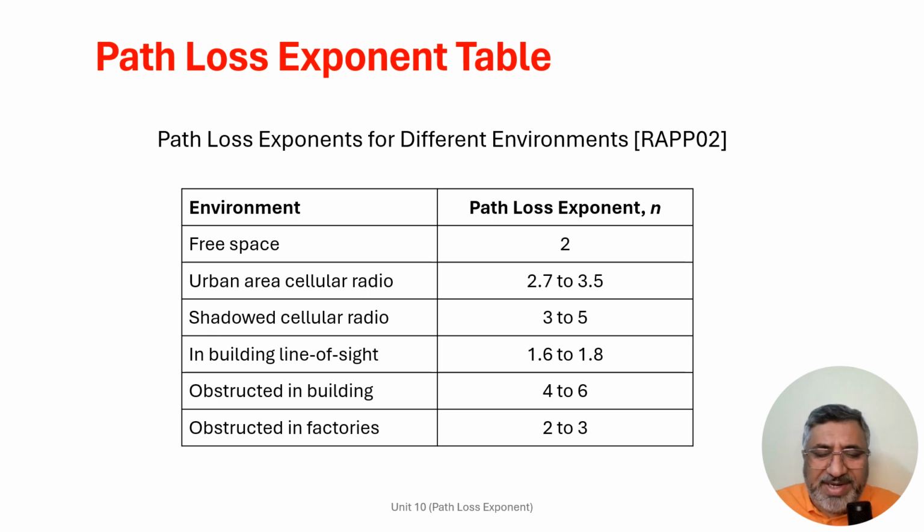In building line of sight, which behaves just like a tube, it is 1.6 to 1.8, and obstruction in buildings, which is very high obstruction, particularly in small areas, 4.4 to 6, and obstruction in factories is 2 to 3. In the next slide, we will discuss how these values of n are calculated for the design of the path loss exponent model.